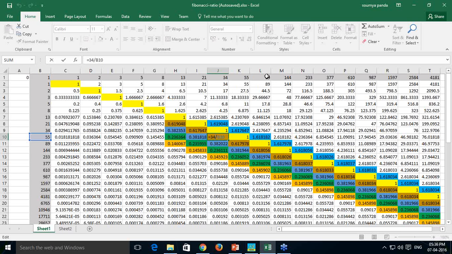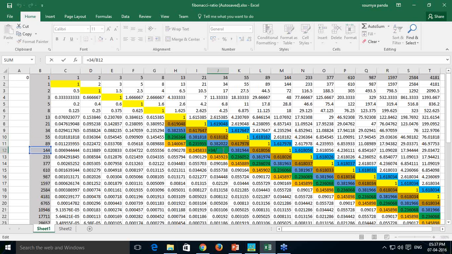By this process you can get the one step alternate ratio 0.382 retracement. So 34 by 89 we are talking about. Here 0.618 represents 34 divided by 55, and if you go one step above, the one step alternate ratio is 0.382.